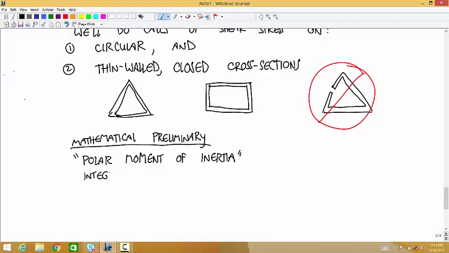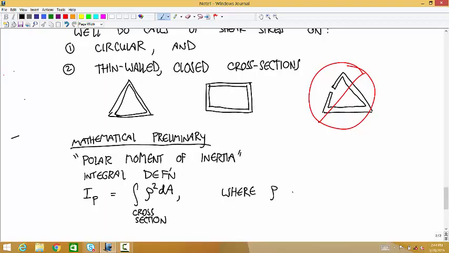The integral definition looks like this: I sub p is equal to the integral over the entire cross-section of rho squared dA, where rho is the distance from the center line to the increment of area that you're looking at, dA.